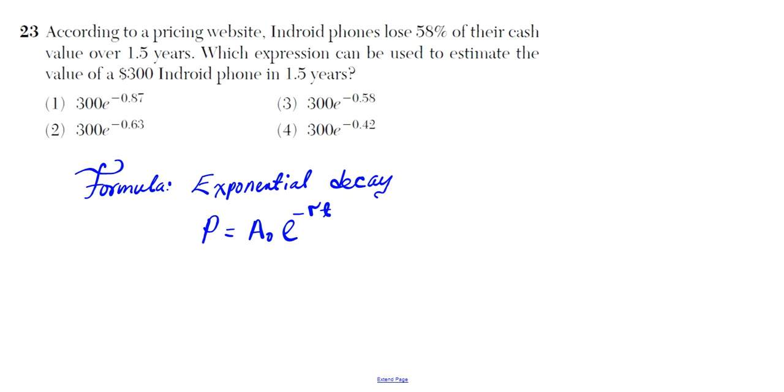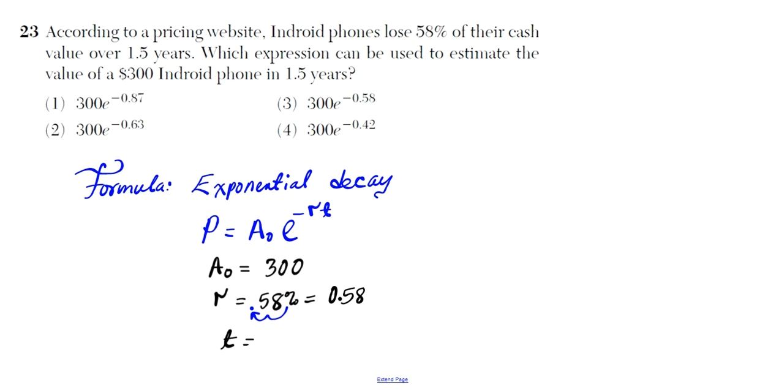Okay, so in this particular problem, we have a starting value of $300. The decay rate is 58%. In decimal form, you move your decimal point to the left 2 places, 1, 2. So 58% is equivalent to 0.58 in decimal form.